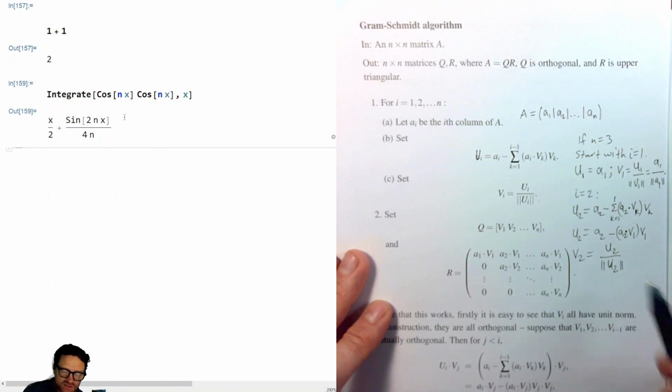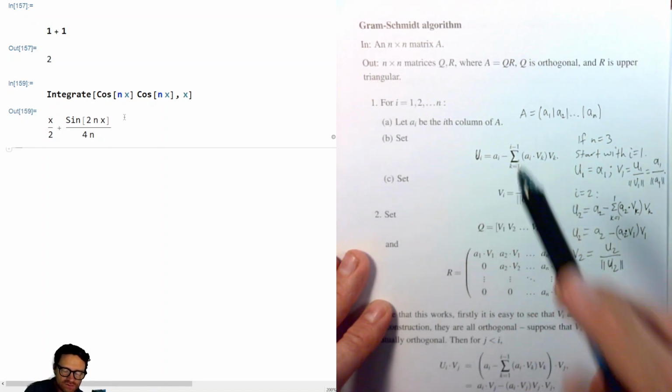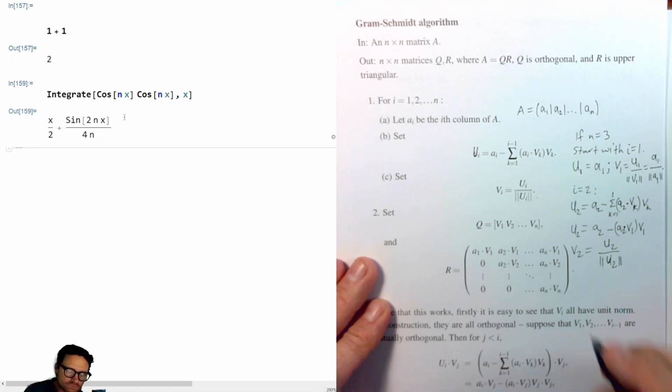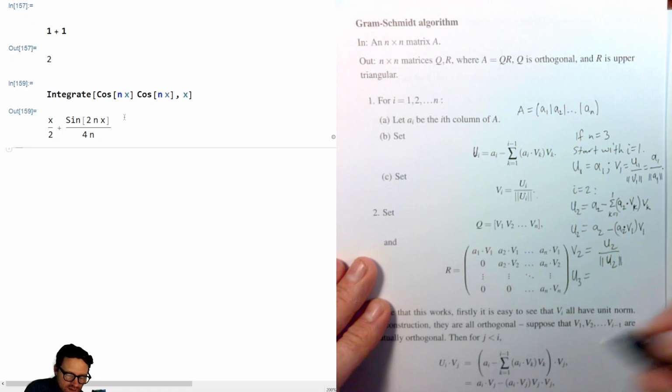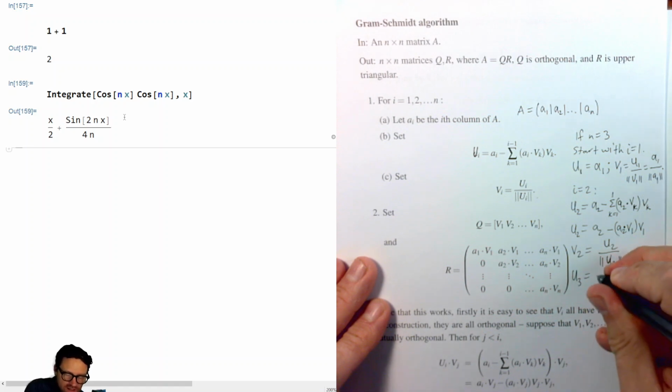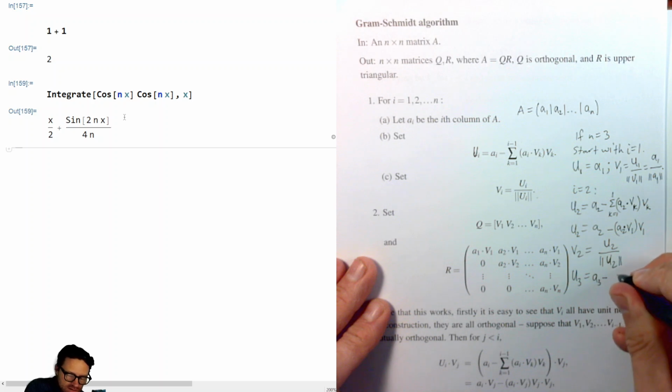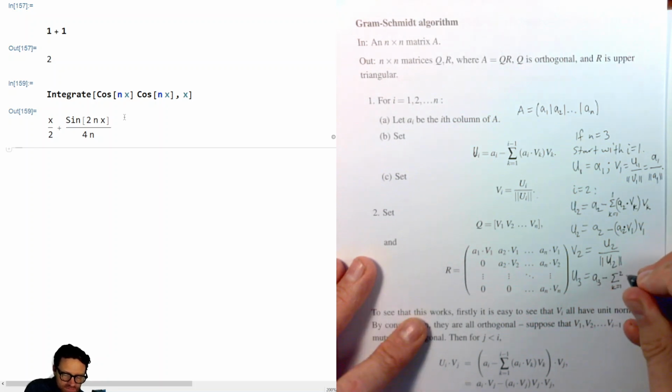And once we have V2, we're now able to calculate U3. So U3, now this is i equals 3, is A3 minus the sum from k equals 1 to 3 minus 1, which is 2, of A3 dot Vk times Vk.